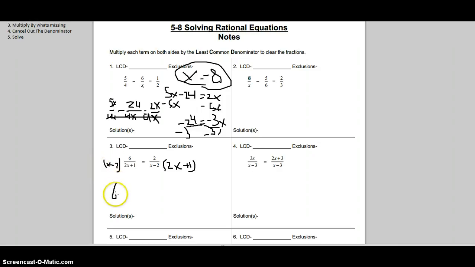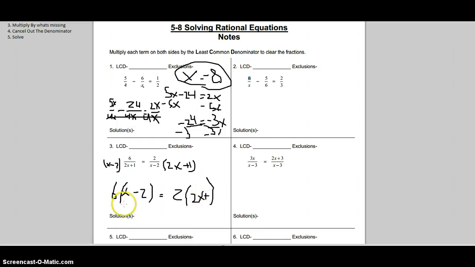Okay, so 6 times x minus 2, and then 2 times 2x plus 1.